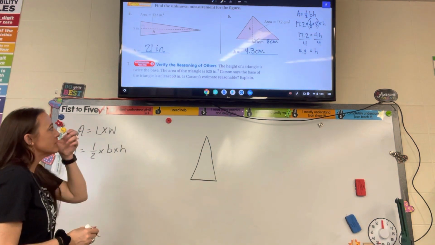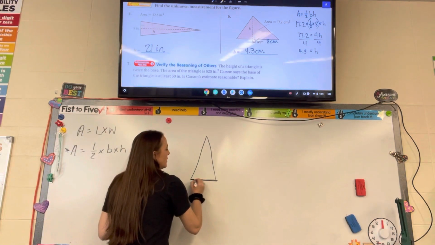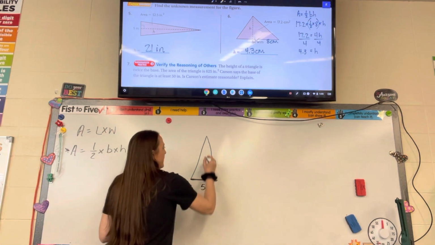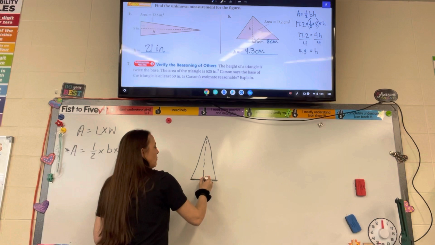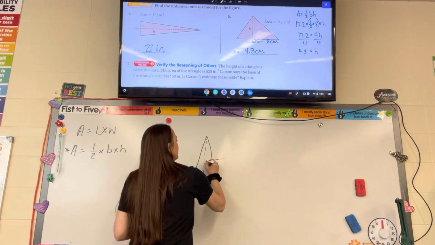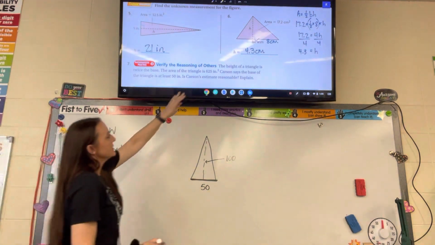Carson says the base of the triangle is at least 50 inches. Is his estimate reasonable? So if the base is 50 and the height is twice that, what would the height have to be? 100.